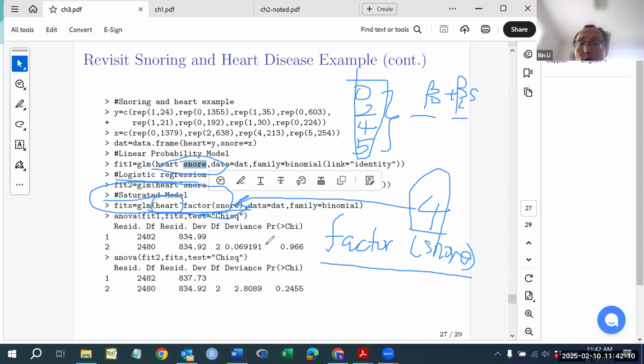So you can see which model is more complicated. Of course, it's the saturated model, because that's the most complicated model we can have based on the data we have. We have snoring information, we have the disease information. We just fit each level by itself. We need 4 parameters. That's the most complicated we can have.